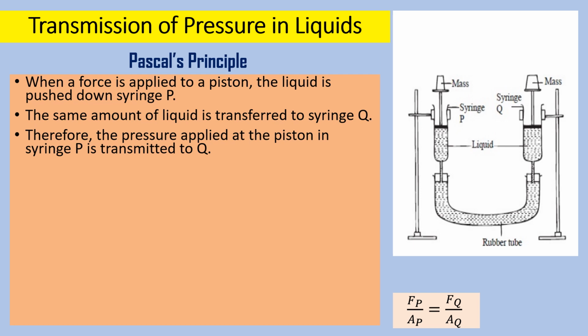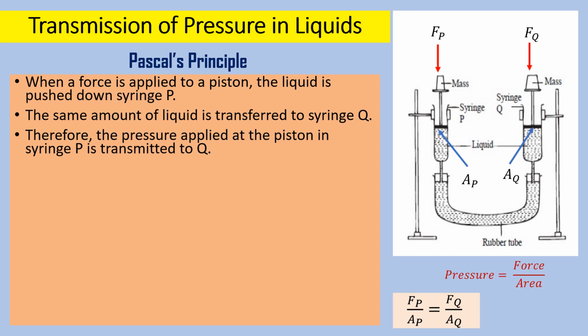If you are wondering where Fp, Ap, Fq and Aq are, Fp is produced by the mass which is pressing down the piston on syringe P, and Ap is the cross-section area of the piston which is pressing the liquid in syringe P. There it is, that cross-section area, and then Fq is there and Aq is there.